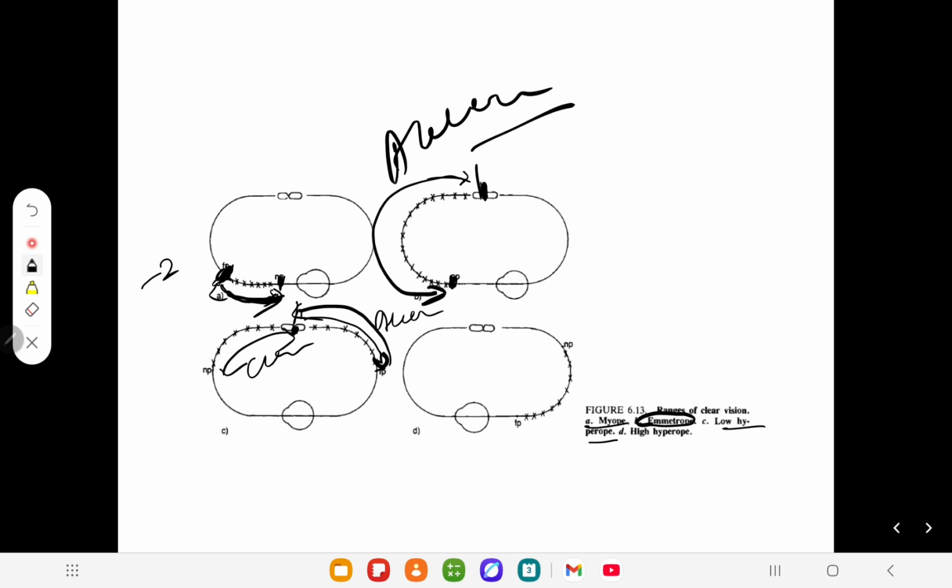This is not a clear vision; this range is used by the patient to correct the refractive error. So in case of hyperopia, when hyperopic patients look at distance, at infinity, this is a very important point, just remember this: when the hyperopic patient views infinity, he always has to accommodate something like that.